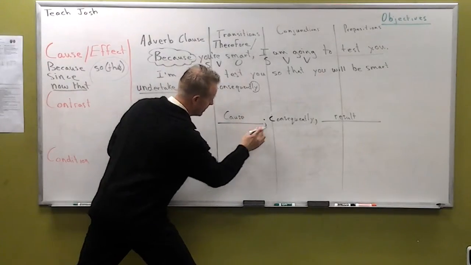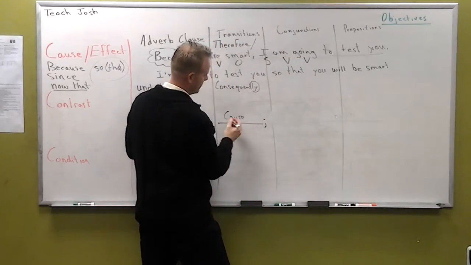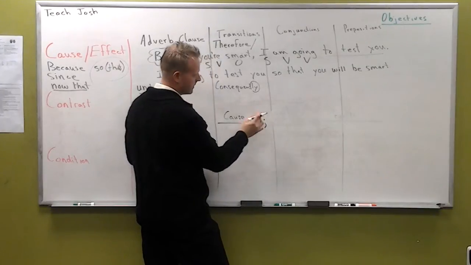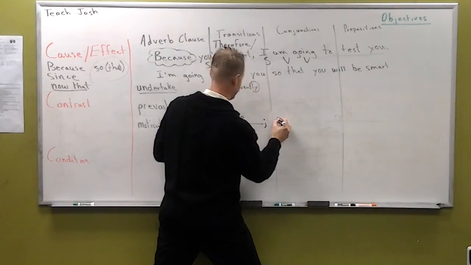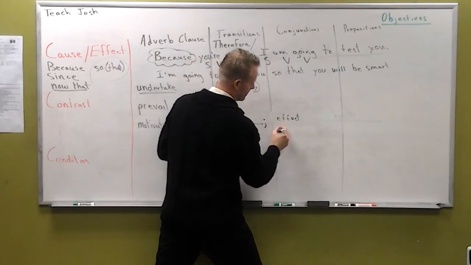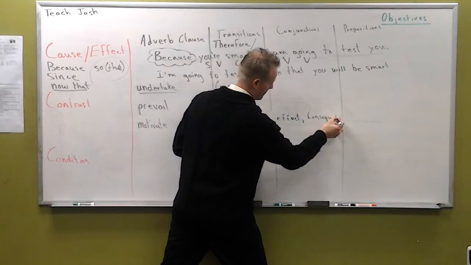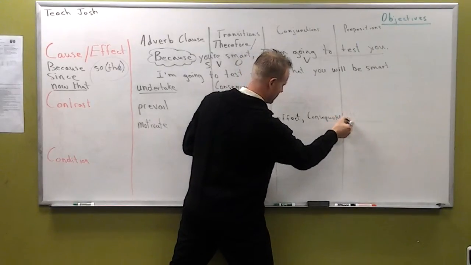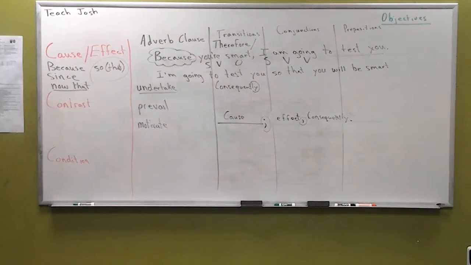So you put your cause, complete sentence, semicolon, put the result or the effect, and then put a comma, consequently. Just make sure you get the punctuation right if you do it that way. Are you okay? So you're learning different ways to create sentences using the transition words. So you learned 3 different ways there.